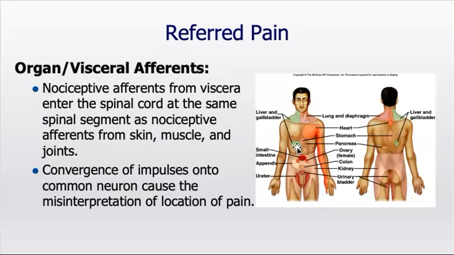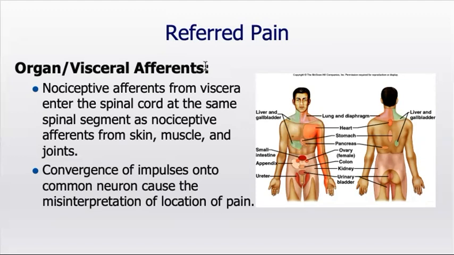The nerves that innervate the gallbladder enter the spinal cord at the same level as the dermatomal distribution over the right shoulder. So if the gallbladder is overactive, you can get this weird referral pattern over the right shoulder after the individual, say, eats a fatty meal, as I said.